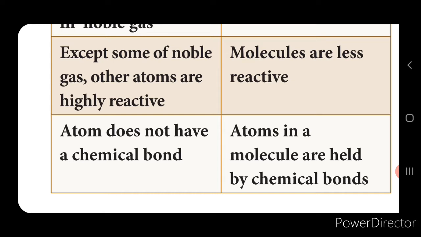For example, calcium Ca is an atom, an element, so it does not have any chemical bond. For molecule, if I say carbon dioxide, it consists of 1 carbon and 2 oxygen atoms, and these 3 are held together by the chemical bond. There is a chemical force of attraction between the atoms that is present in the molecule.